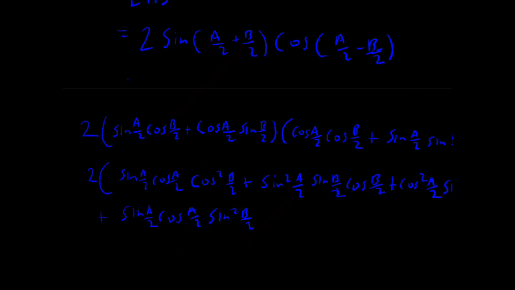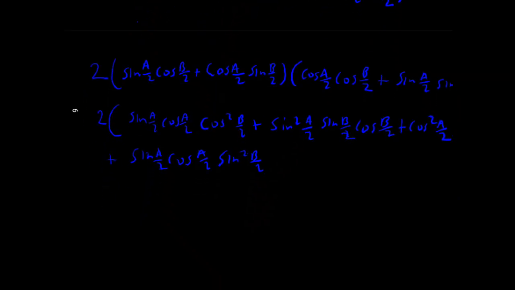So there are two ways that come to my mind to solve this. Let me use the first way, because notice it will become a double angle if I distribute this to the inside.